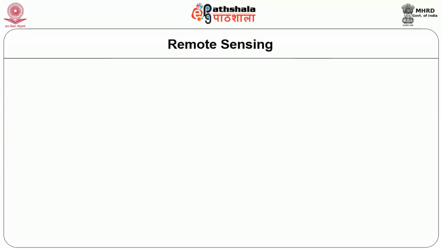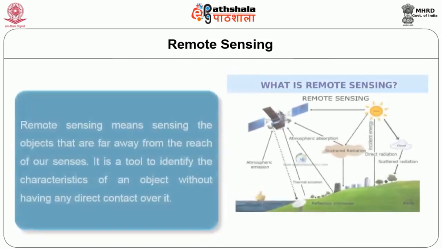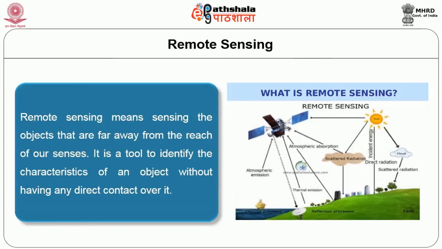There's nothing to feel odd about what remote sensing is or how it could be learnt, because it is very easy. Like I already said, remote sensing is nothing but sensing objects that are far away from the reach of our senses. We have a lot of celestial bodies in our space and a lot of galaxies like our own. How are these galaxies and stars identified? Through satellites, right?